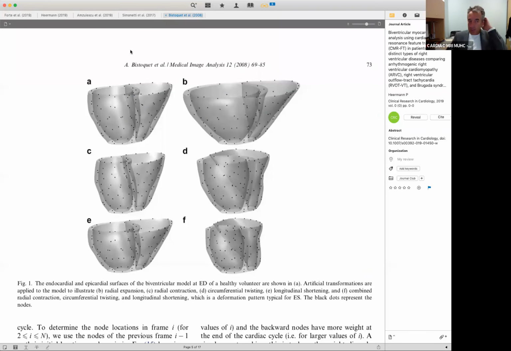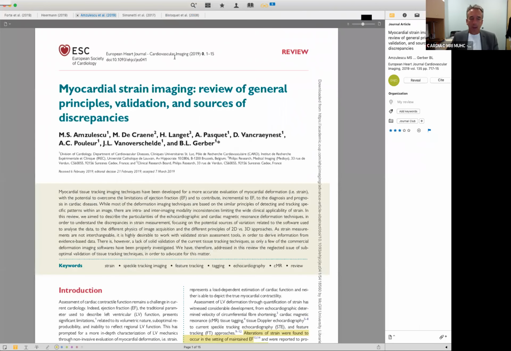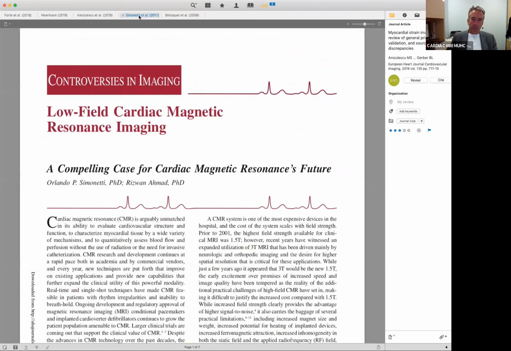If you need more information on that, send me an email. I can give you more. I would clearly not go for tagging, not go for speckle tracking, because the reproducibility, especially if you do it before and after PCI, I don't think would be good enough.